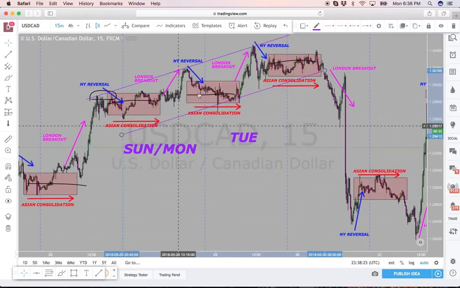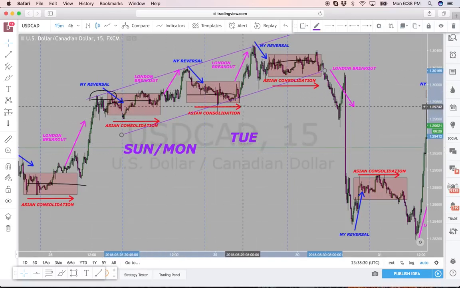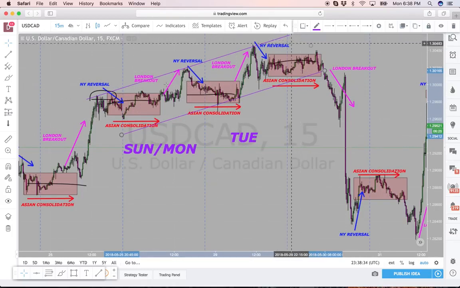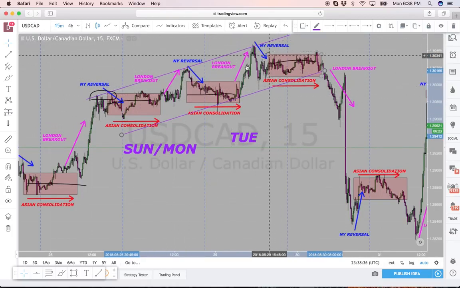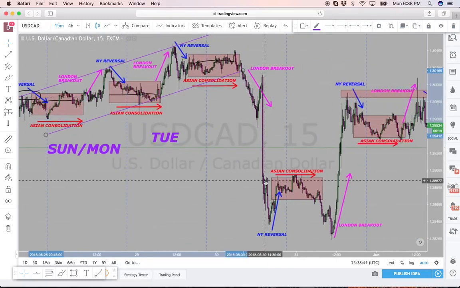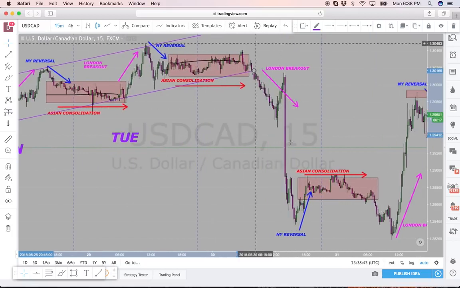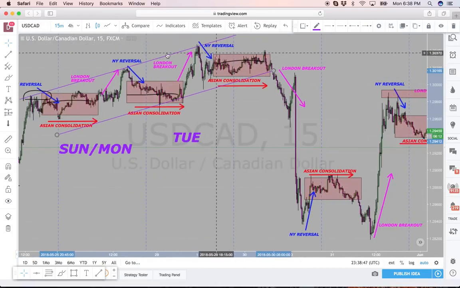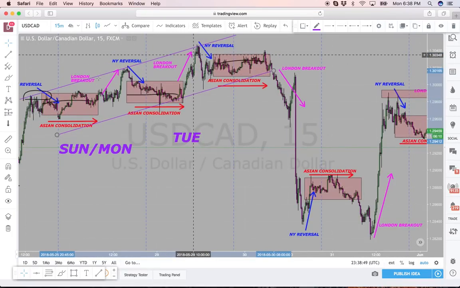The dealer creates Sunday, Monday, Tuesday. The dealer will create a fake trend to induce retail traders one direction, and then come Tuesday, Wednesday, they'll hit the stops. So in this case, it was a midweek reversal or Tuesday reversal, whichever one.